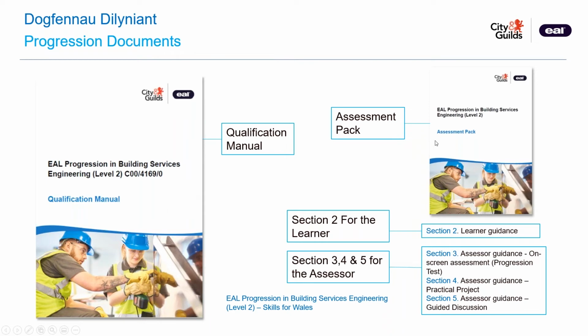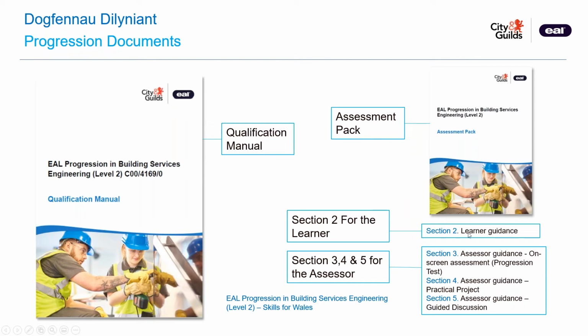And we've got the assessment pack on the right-hand side, which details the assessments and the pathways A and B for plumbing and heating and the electrical. And there are different sections in there.